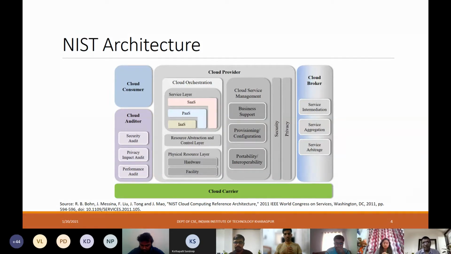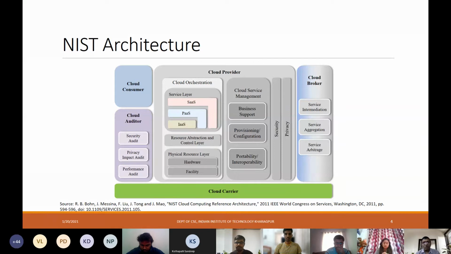So resource abstraction and the control layer I will talk about after we discuss something called the physical resource layer. Physical resource layer is the one which basically talks about the actual hardware, the actual computing infrastructure and hardware, and the facilities that are used.